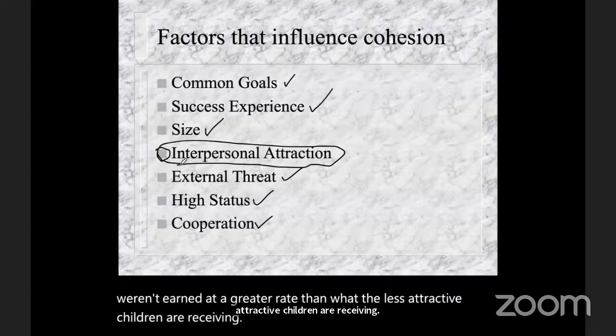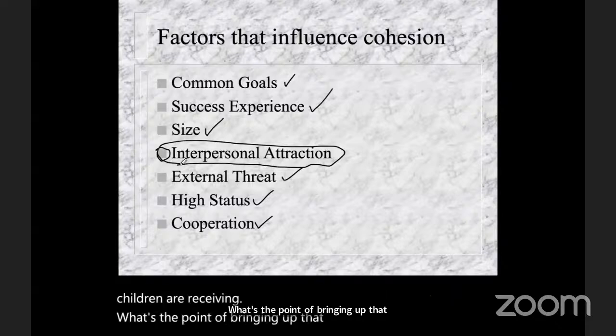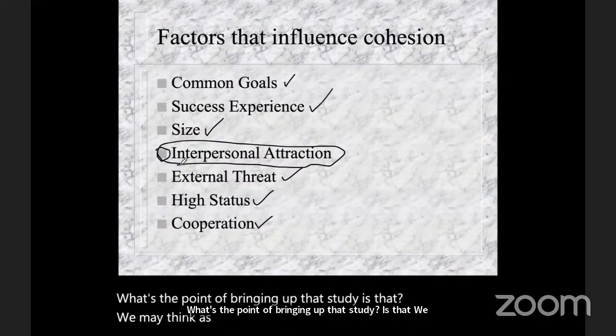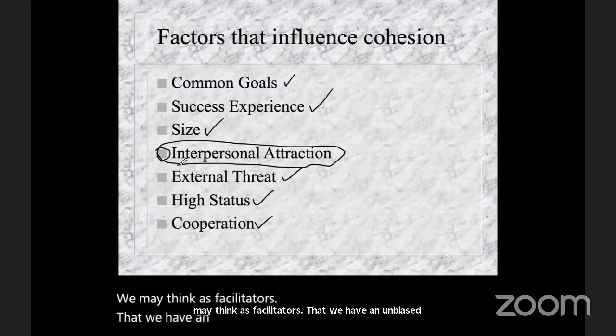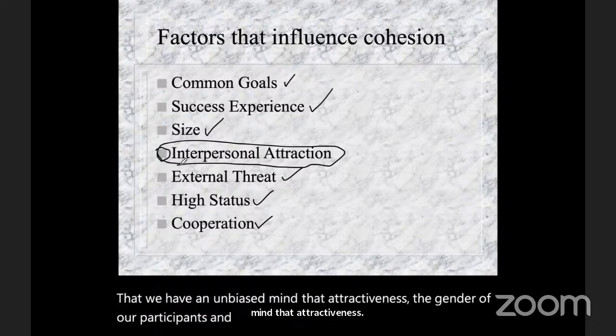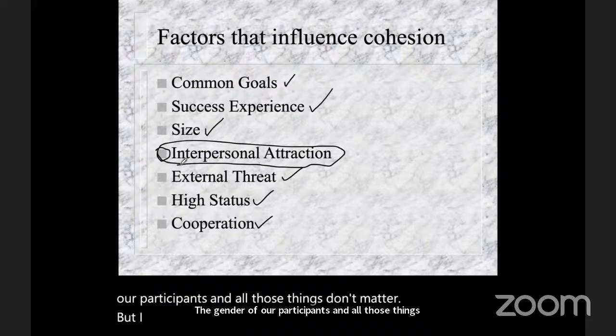What's the point of bringing up that study is that we may think as facilitators that we have an unbiased mind, that attractiveness, the gender of our participants, and all those things don't matter. But I guarantee you they do.